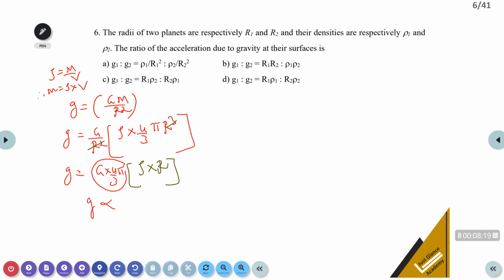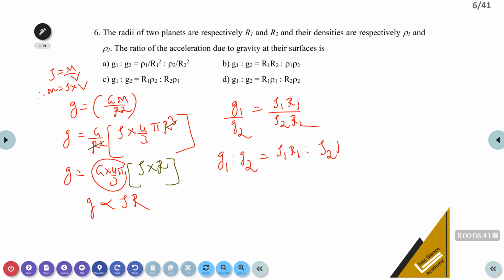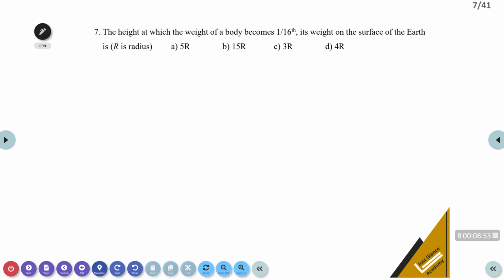Here, g is directly proportional to rho into R. Using this formula, g1 by g2 equal to rho1 R1 divided by rho2 R2. Students, this is the important formula. Many times the problem occurs, the relation between the density and g. So D is the right choice.